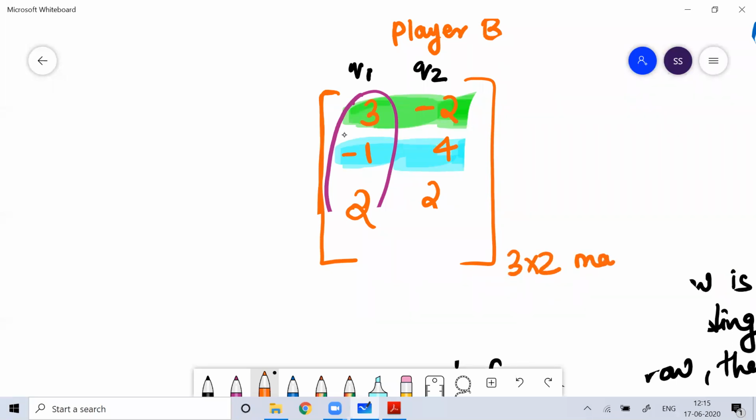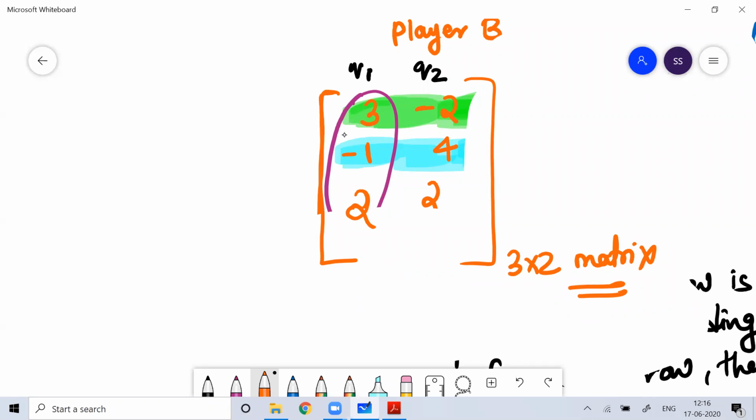Because it has become a 3 into 2 matrix, you can solve this problem by using the graphical method.